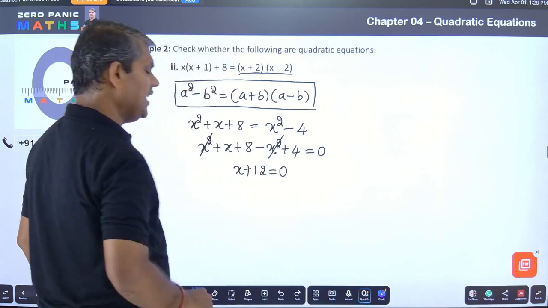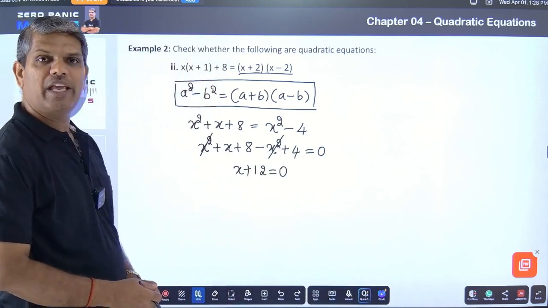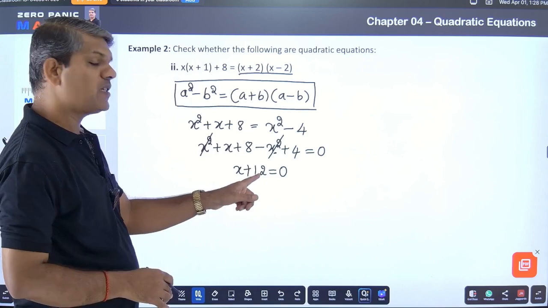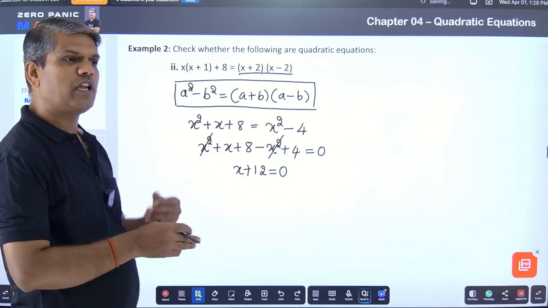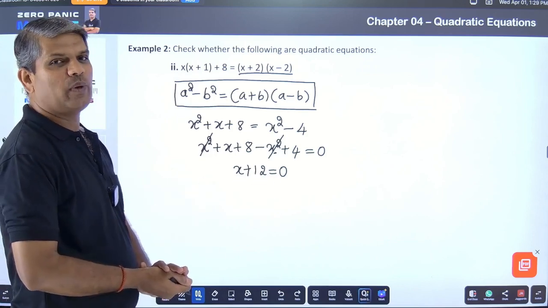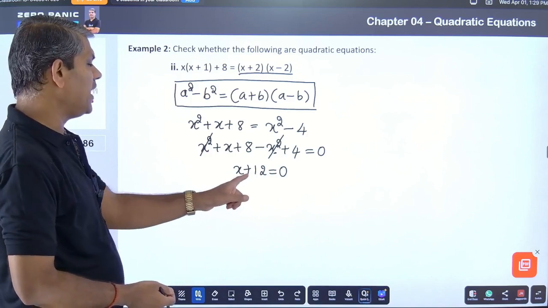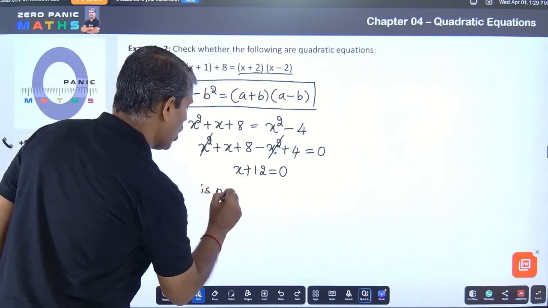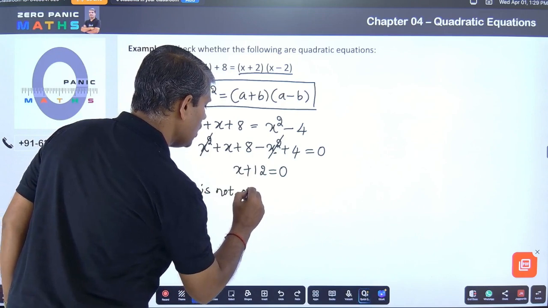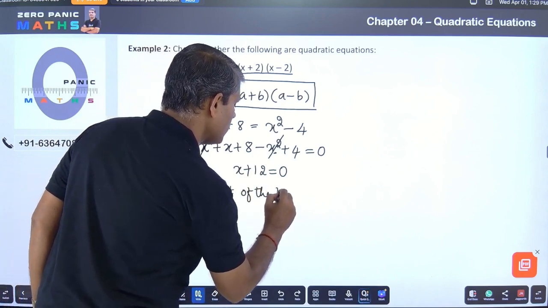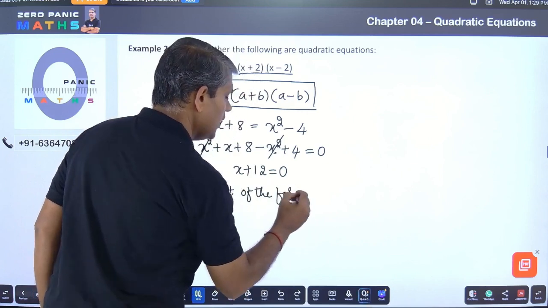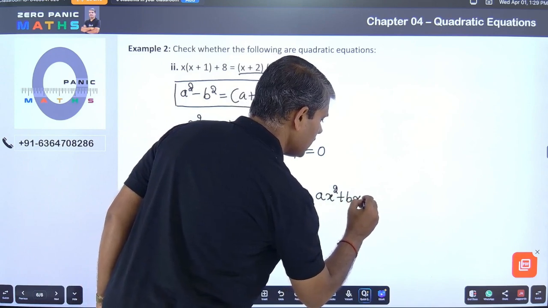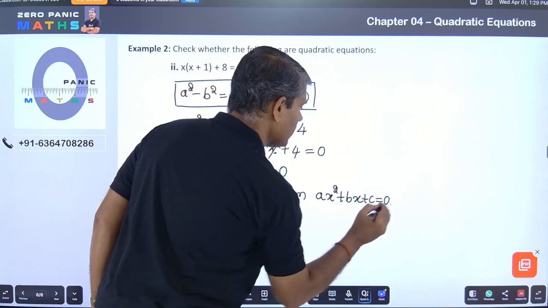So is it of the form ax square plus bx plus c is equal to 0? No, it is of the form ax plus b is equal to 0. You can call it a linear equation, because it is of the form ax plus b. So it is not of the form ax square plus bx plus c is equal to 0.